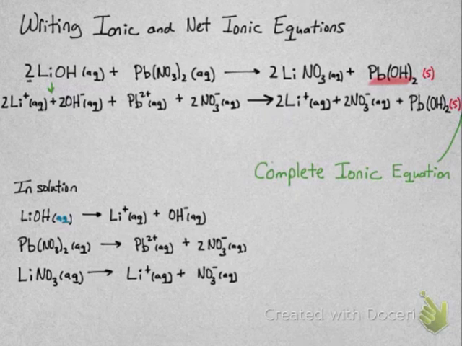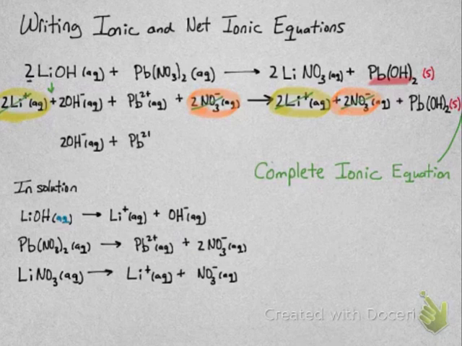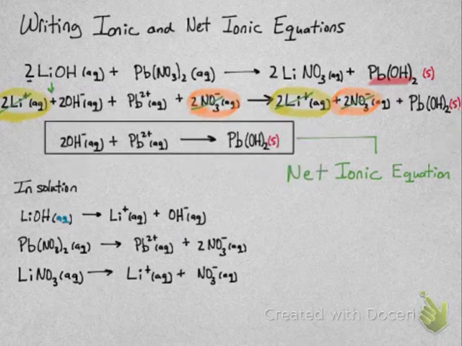So there's the complete ionic equation. We're going to now find the common ions on both sides, the lithium and the nitrates. We'll cancel those and rewrite our equation with just the remaining, the hydroxide and the lead, which forms lead hydroxide. And this equation, which just shows the active ions, is called the net ionic equation.